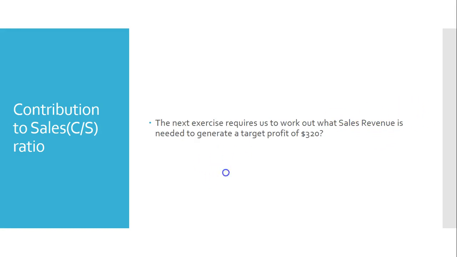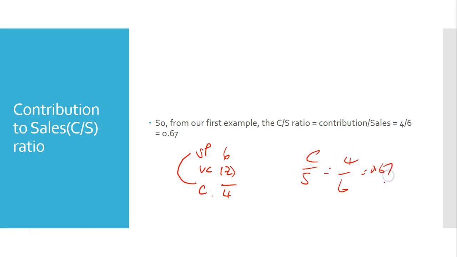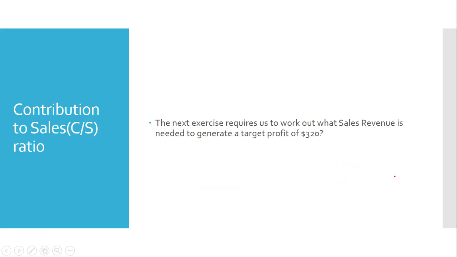You have this kind of relationship: this is your selling price, this is your variable cost, and that's your contribution. So contribution over selling price is equal to 4 over 6, which is 0.67, rounding to 2 decimal places.